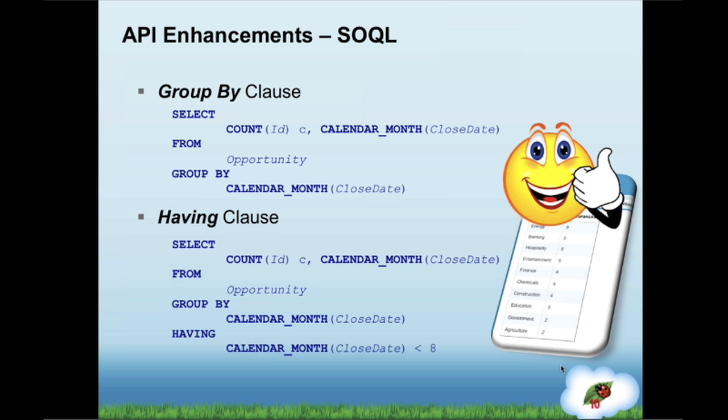And what this will do is it will show us the number of opportunities that we have corresponding to each month of the year. So instead of having to define that yourself in code in a procedural way, we can do it in this much more declarative way, letting the database do the work, and thereby reducing the number of SOQL or script statements that we would have to execute in our Apex code.